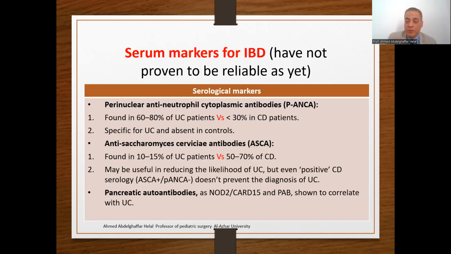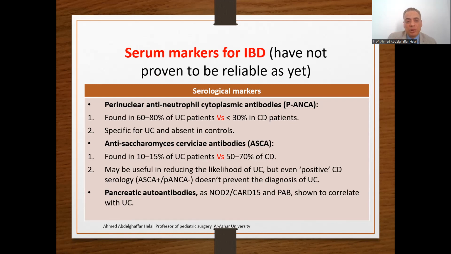Serum markers for IBD have not proven to be reliable as yet, including the perinuclear anti-neutrophil cytoplasmic antibody, which is found to be positive in up to 80% of ulcerative colitis patients and less than 30% in Crohn's. So it is more specific for ulcerative colitis.